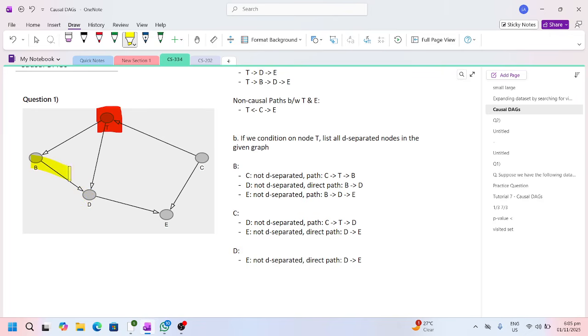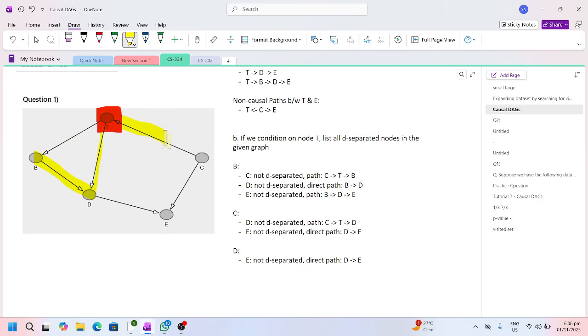So let's try and list all the paths between B and C. The first is this path which exists between them. In this path, E is a collider, and a path that contains a collider is already blocked. Let's draw a different path between them. I also have this path where T was acting as a mediator, but I conditioned on T, so I have blocked this path as well.